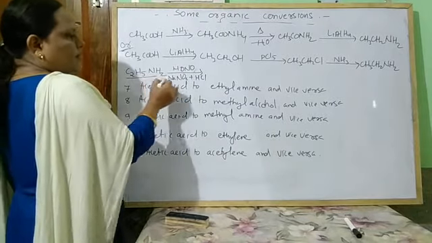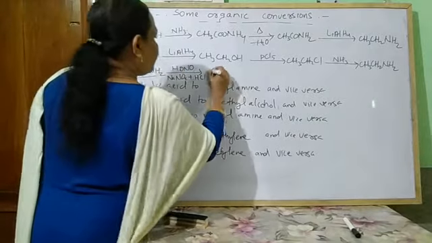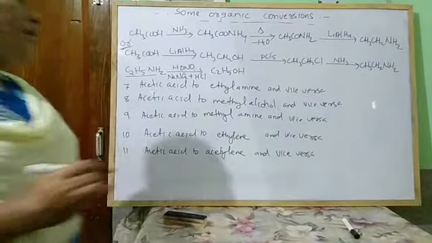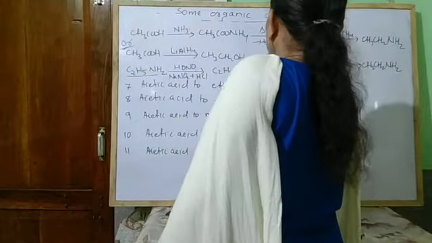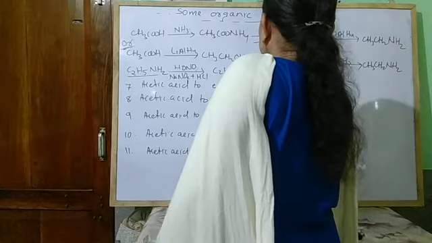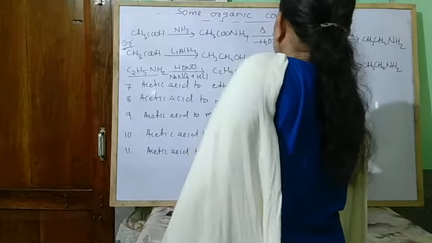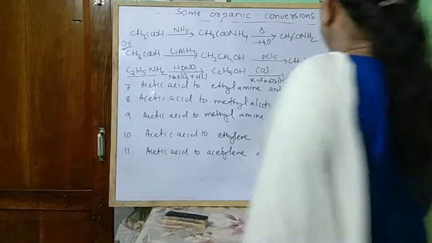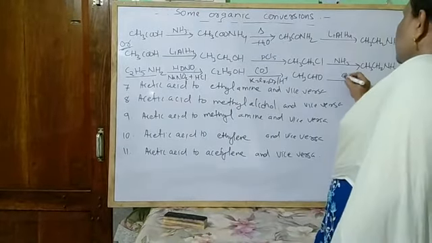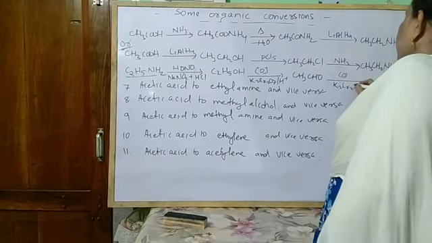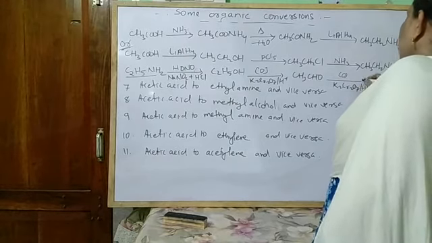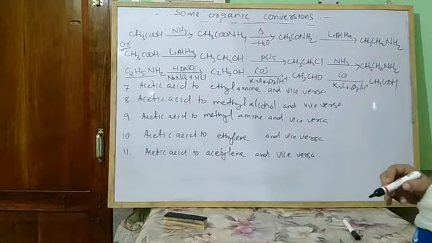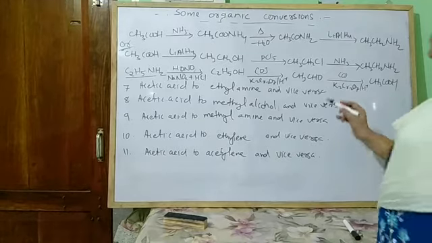So when ethylamine reacts with nitrous acid, it forms ethyl alcohol, and ethyl alcohol under oxidation in the presence of potassium dichromate forms aldehyde, and aldehyde on oxidation with acidified potassium dichromate gives carboxylic acid containing the same number of carbon atoms.